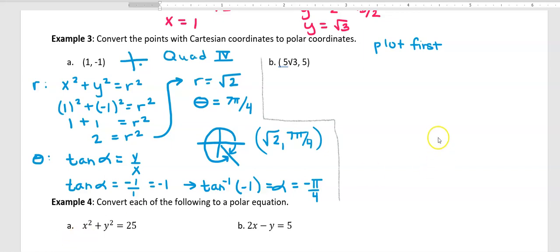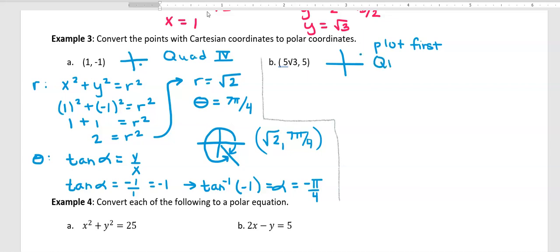So using those same ideas for part B, we have the ordered pair 5√3, 5 for our x and y values. Again, it is suggested that you try to determine what quadrant that would be in first. So 5√3 is positive, and then 5 is positive, so that would be in the first quadrant.